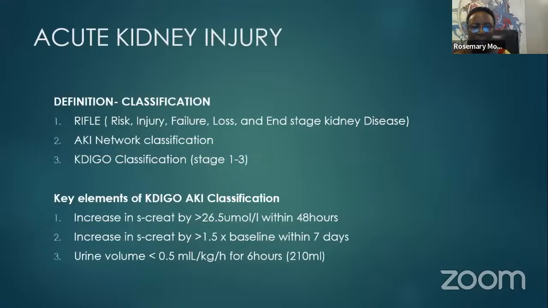Or it can be an increase in serum creatinine by more than 1.5 times the best baseline within 7 days. So basically, you'll get more than 50% increase in your serum creatinine within 7 days. Or you get oliguria, which is a decrease in your urine output, and it will be less than 0.5 mils per kilogram per hour for 6 hours.